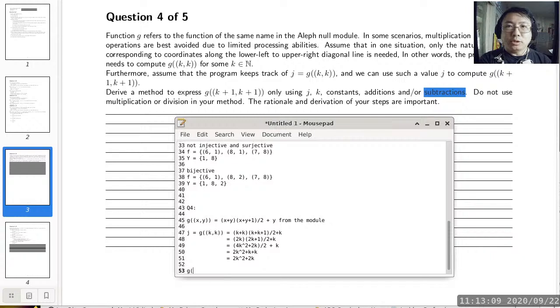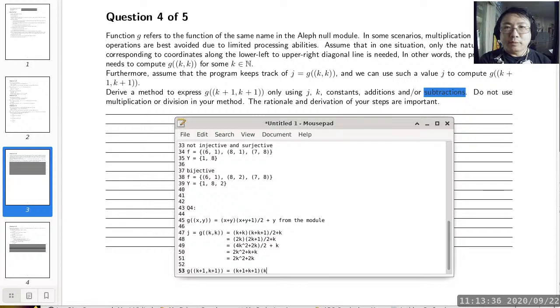So now we look at the G of k plus 1, okay? So we just expand it as normal. And then we try to look at G of k plus 1, and then compare to G of kk, which is already stored in variable j, and see how we can simplify the whole thing so that we do not need multiplication. So now this time we have k plus 1 plus k plus 1.